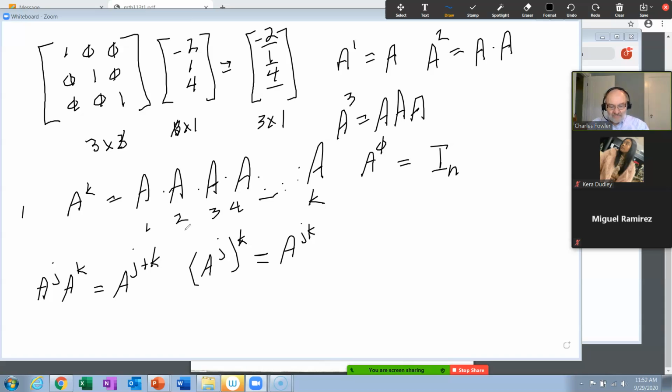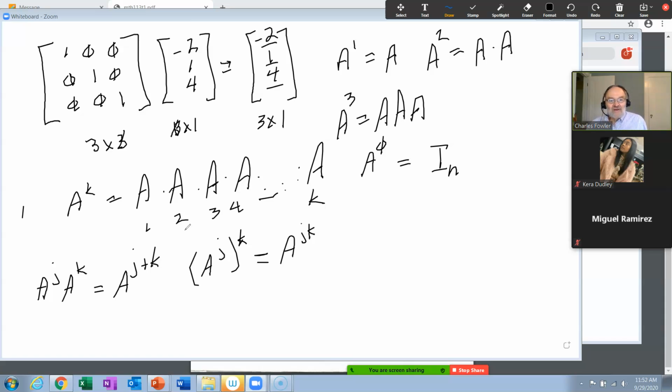Same thing we had for real numbers. Now, J and K here are non-negative integers. They could be 0, 1, 2, 7, 14, any non-negative integer. No negatives. We haven't talked about those. They don't even work, so don't even mess with them.